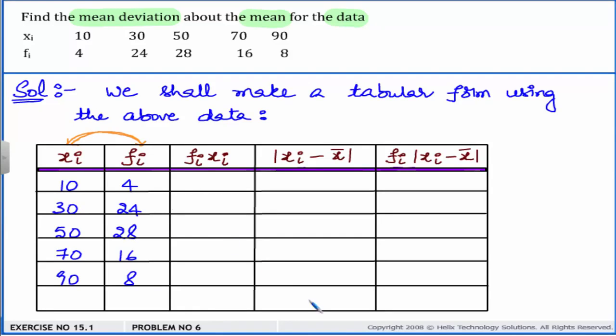So on multiplying these two, you will be getting 40, 720, 1400, 1120 and 720. Now let us find out the sum of the frequencies, which is equal to 80. And let us find out the summation of fi into xi, which is equal to 4000.